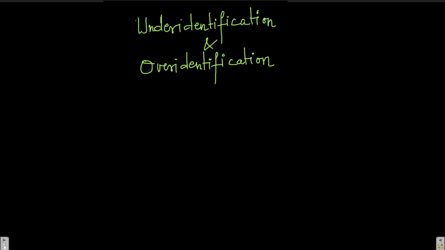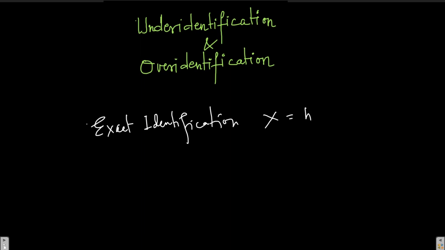Exact identification is something that we've already seen. Let's say we have one endogenous variable, and that is our x, and our instrument is z, and x is some function of z and some error term. So I have one endogenous variable, and I have one instrumental variable.